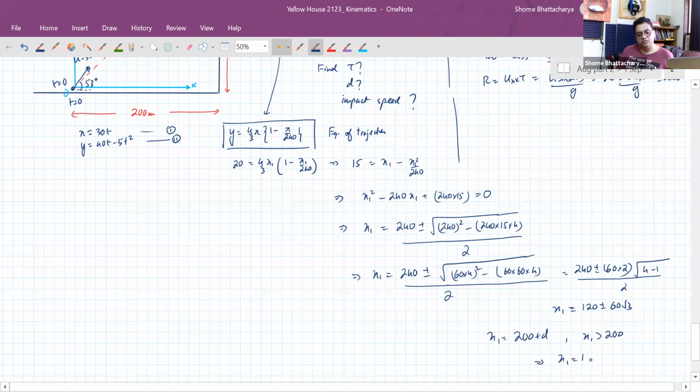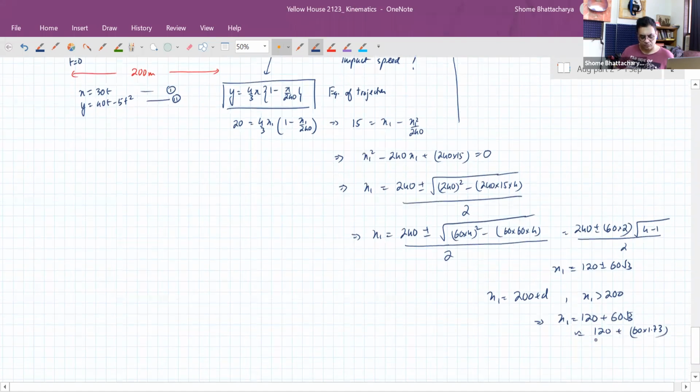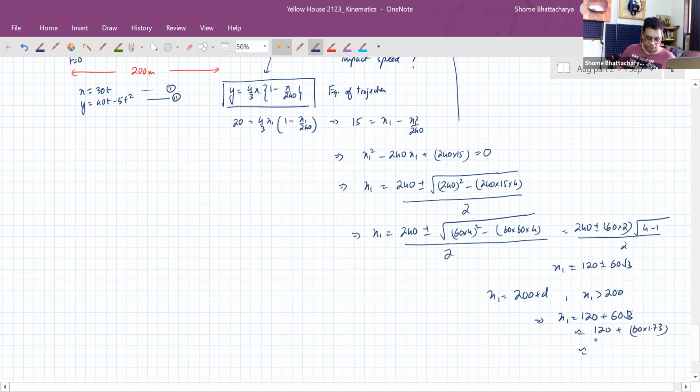Therefore x1 will come very close to 224 meters, 223.8 meters.